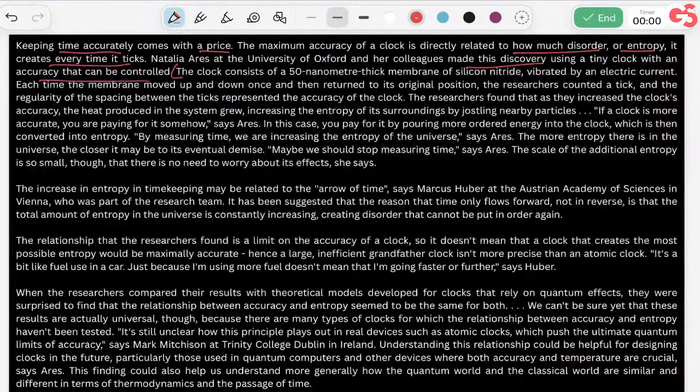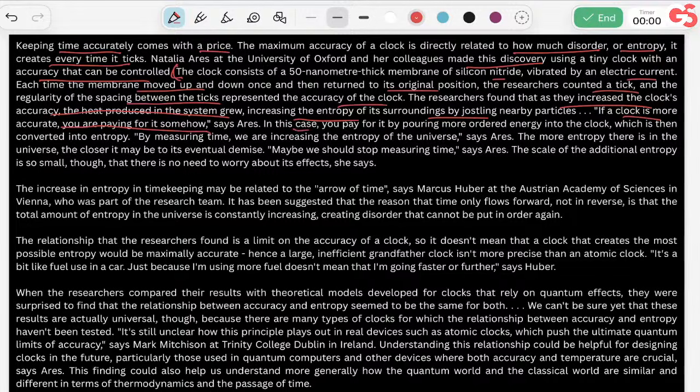Okay, this explained how the clock is made, like a membrane of silicon nitride vibrating with electric current. The membrane moves up and down, returns to its original position, and we count this as one tick. Regular spacing between ticks represents accuracy of the clock. Researchers found that as they increased the clock's accuracy, heat produced in the system grew, increasing entropy of its surroundings. If a clock is more accurate, you are paying for it somehow, says Harris.